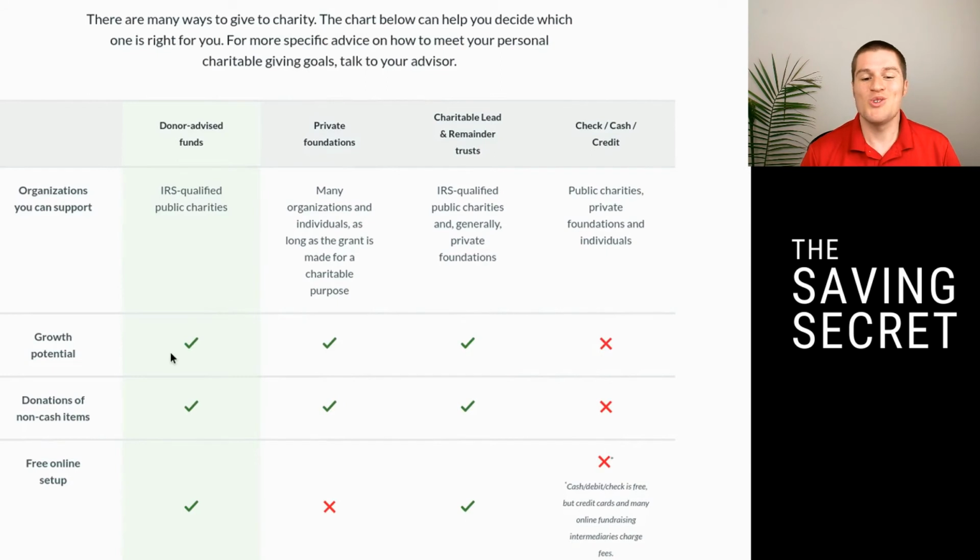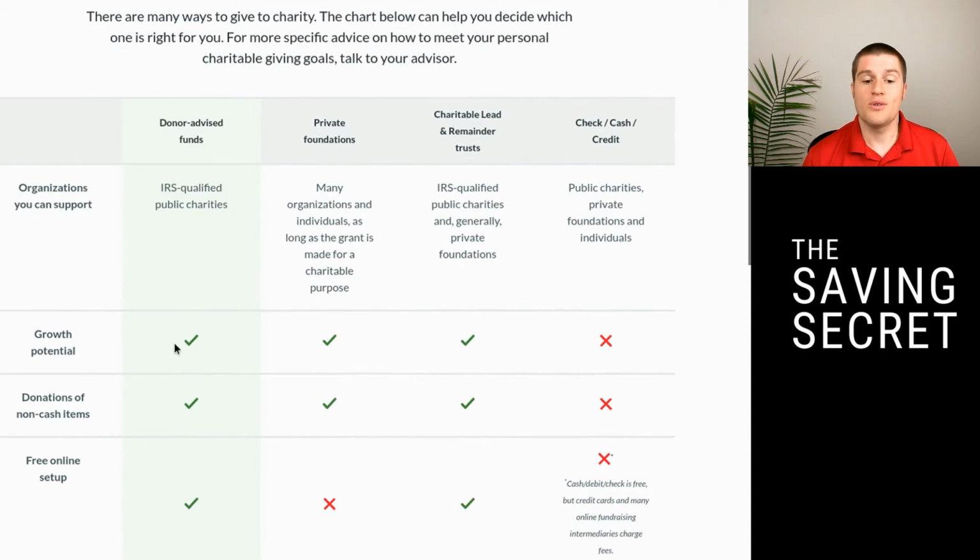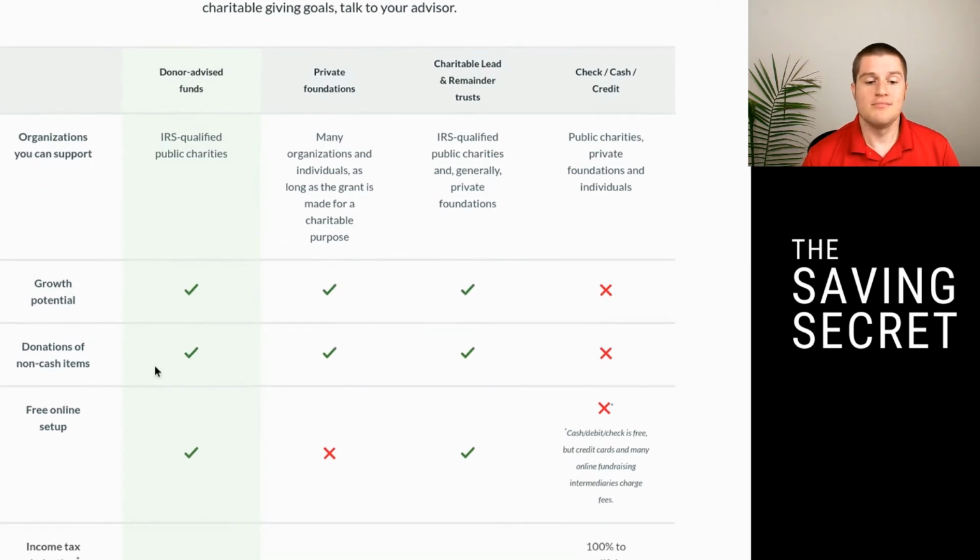You have that potential growth, and especially tax donations are really efficient with the donor advised account. You can donate non-cash items, so different stocks, mutual funds, those things. Super powerful. There's free setup, and there's no fees for the charitable organization receiving your funds.